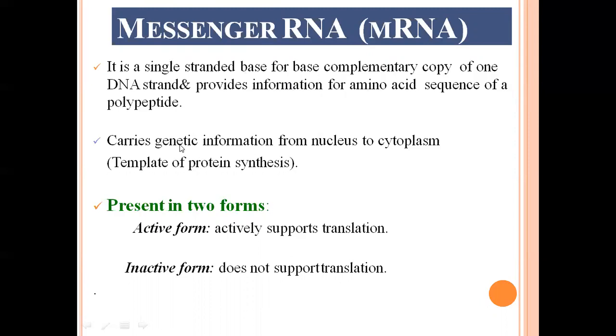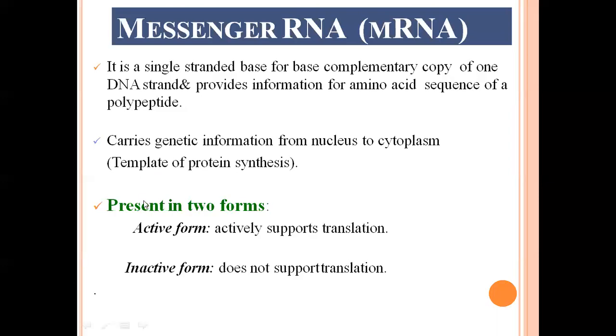It carries genetic information, meaning the message from nucleus to cytoplasm. DNA to RNA is a nuclear activity, and then protein synthesis occurs in the ribosome, so the message is transferred from nucleus to cytoplasm.